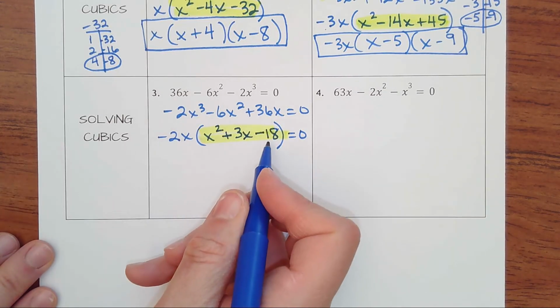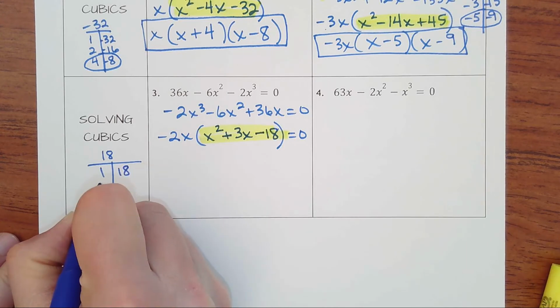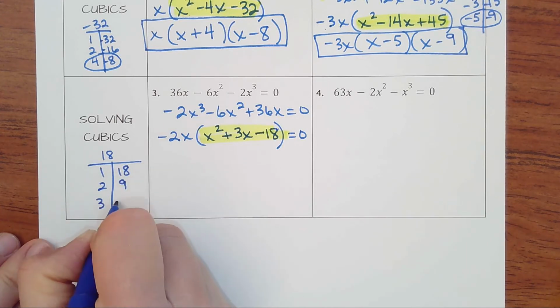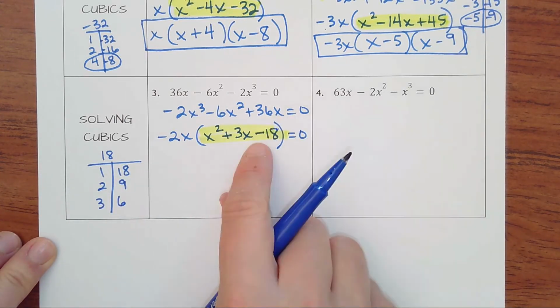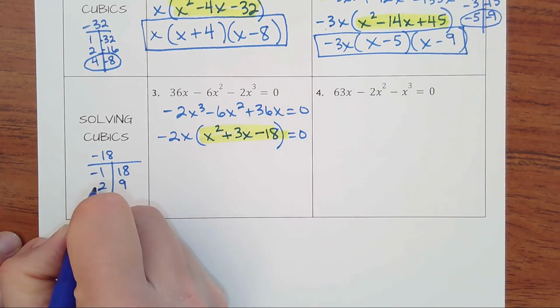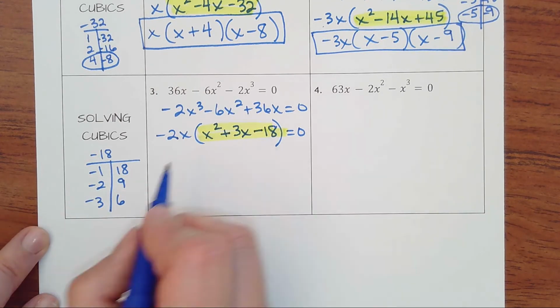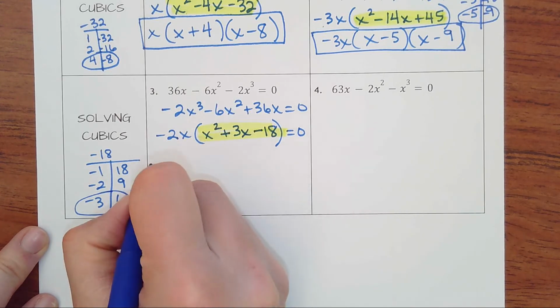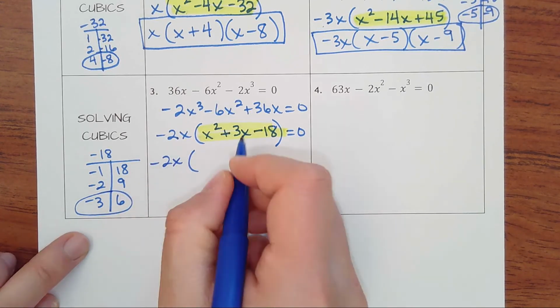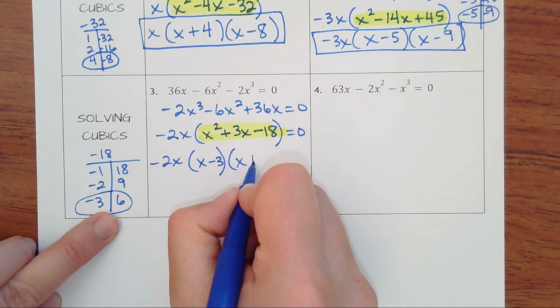My options to multiply to make 18, 1 and 18, 2 and 9, 3 and 6. It's going to have to be a negative, and I want more positive, so I want the smaller numbers to be the negative so that the more positive is left over. So that would be 6 and negative 3. So I got negative 2x times x minus 3 times x plus 6.